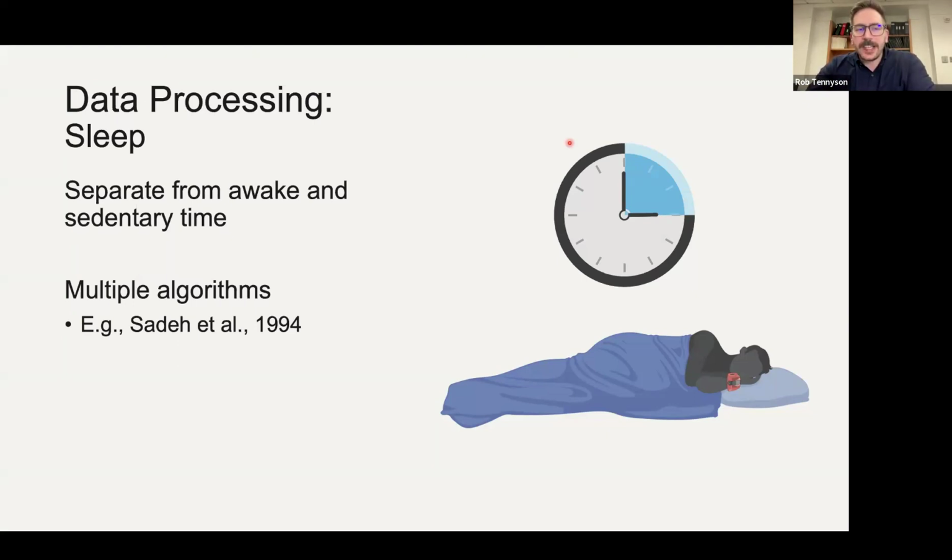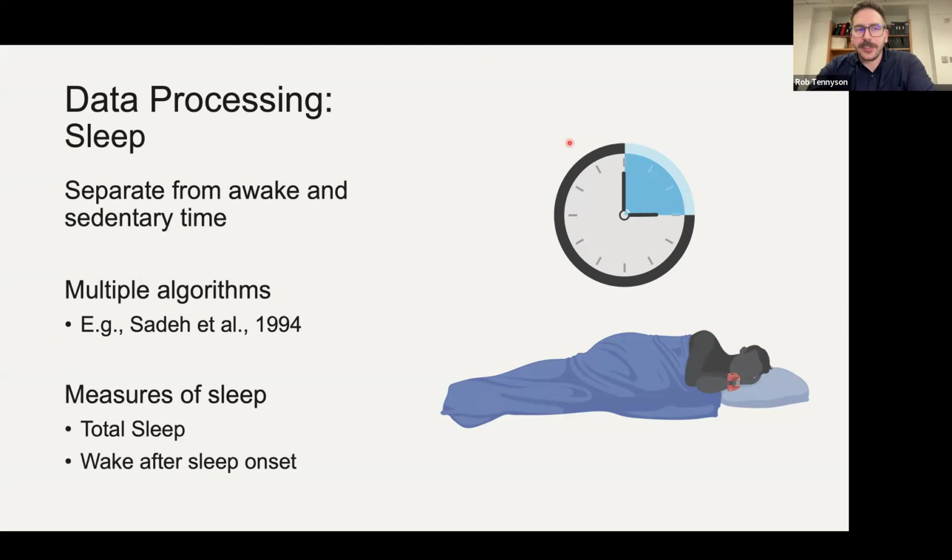Yes, and then there are multiple measures of sleep. For someone specializing in sleep, there are going to be a lot more things for them. But using these algorithms does give you a pretty good measure of, say, total sleep and wake after sleep onset that are well validated against polysomnography or other lab-based measurements of sleep.